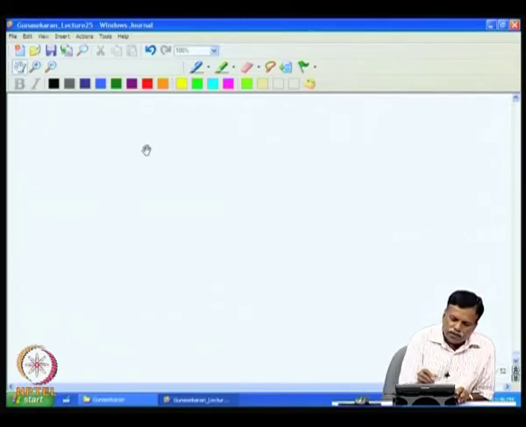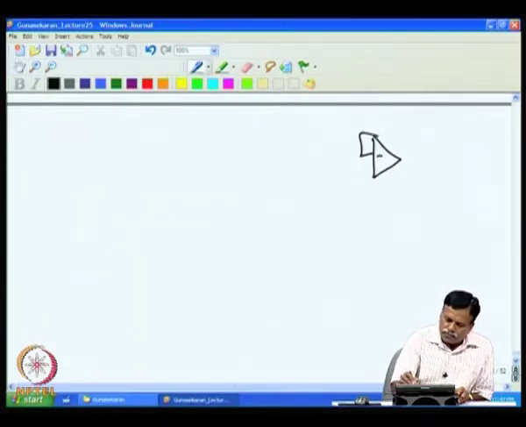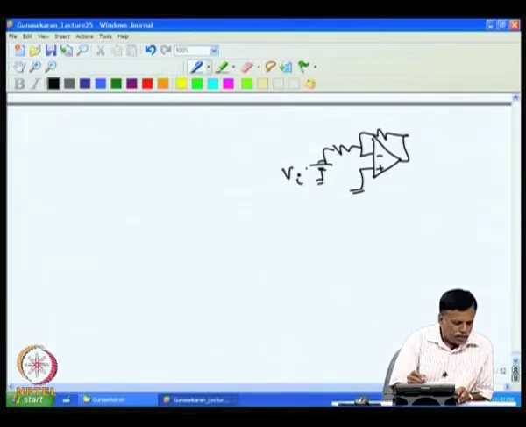I put the circuit at this corner, so I have Vi, and we will have output as V0.